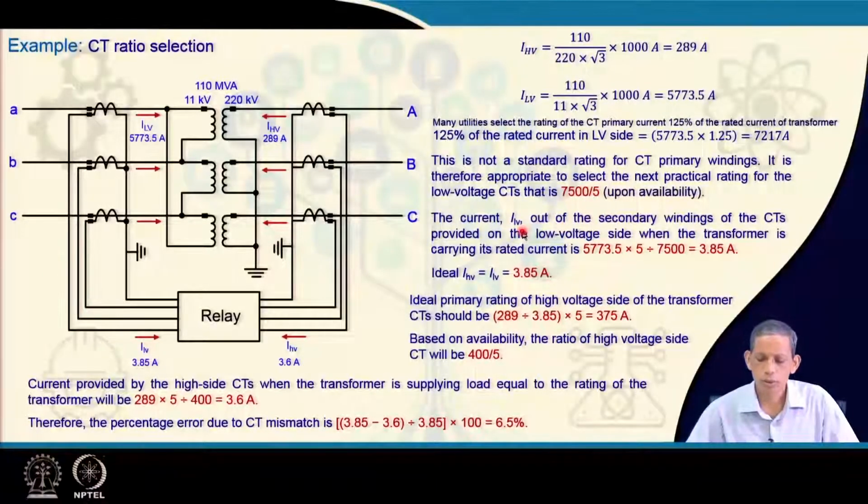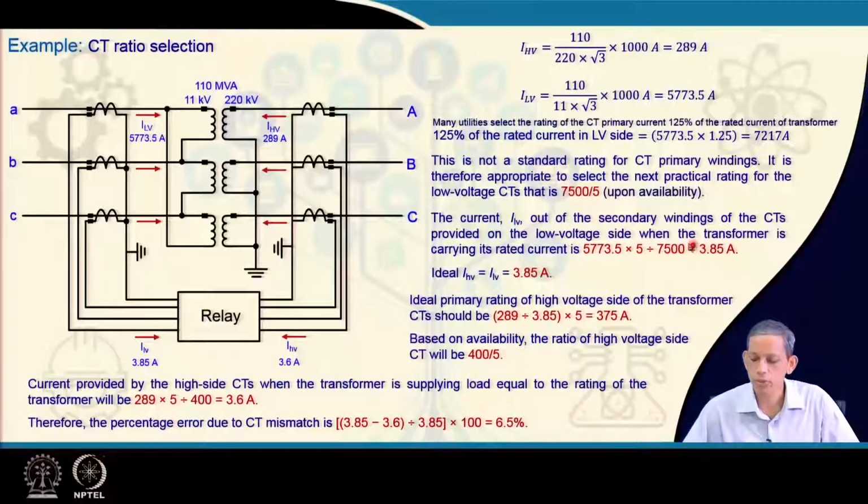Now, if we go to the high voltage side from the low voltage side, then you see here that the ILV, the low voltage side current out of the secondary winding of the CT, when the low voltage side of the transformer is carrying a rated current of 5773.5, is 5773.5 into 5 divided by 7500.